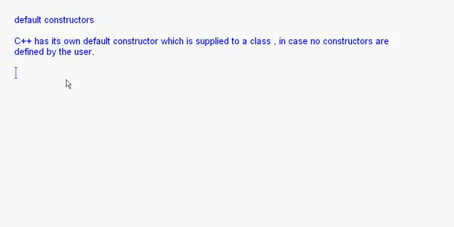But once the user gives a constructor of his own, like as I said, we have this class student, and here I write int roll number, and then we write int marks, fine, and then in the public section we just write void enter and void display.